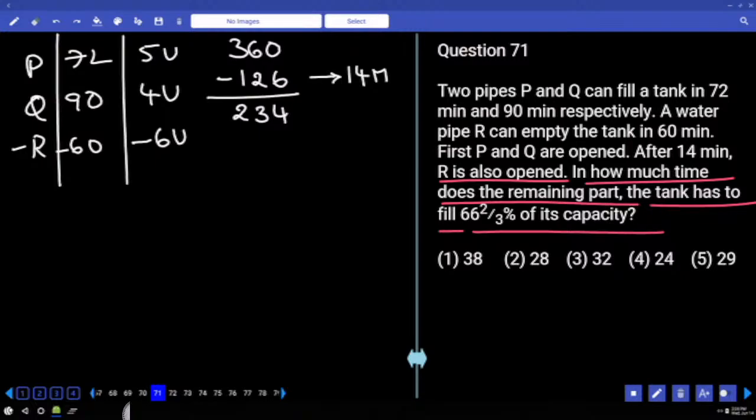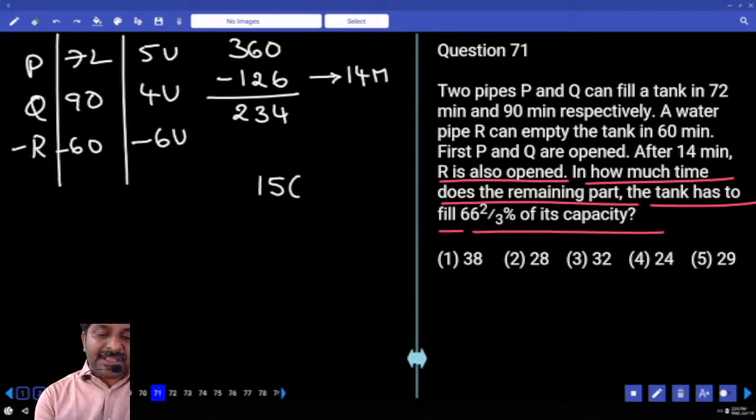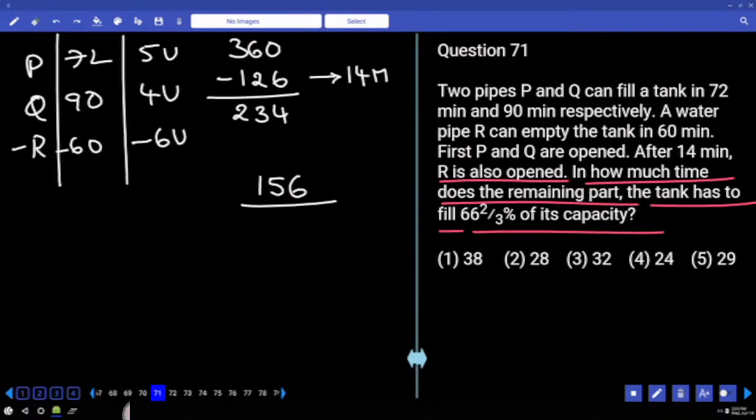What is 1/3 of the remaining? 1/3 is 78. 2/3 is double that, 156. We don't have to fill the remaining tank completely. We just need to fill 2/3 of the remaining tank, which we got as 156. Correct? To fill 156 units, which all taps are open now?